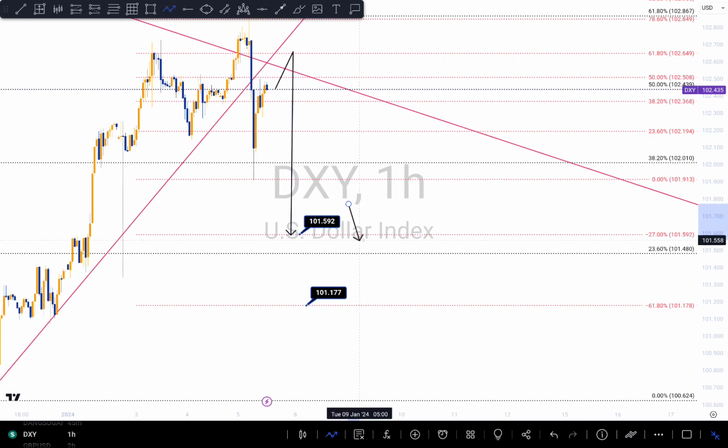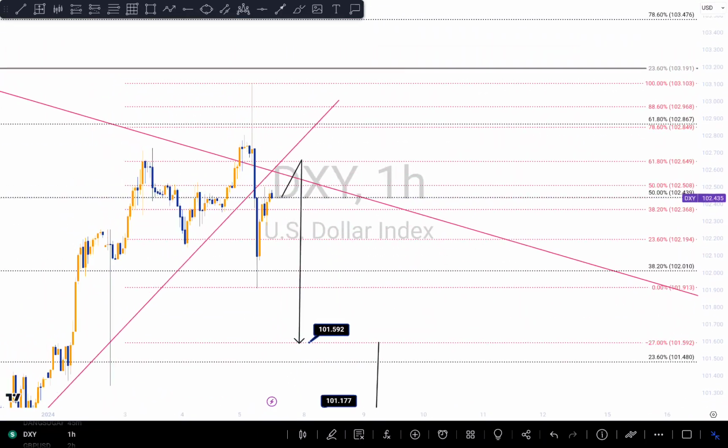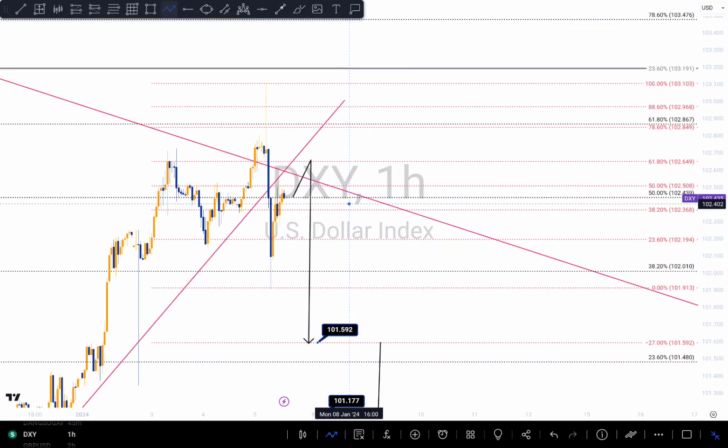I'm just gonna draw from here to here just to indicate that there is a possibility for us to still push to the downside. My second thought is we might just reject off of my 50% fib level to push to my first target. So it's actually either or, guys.